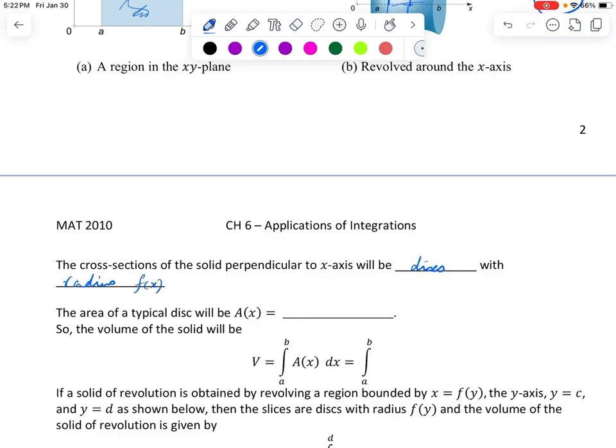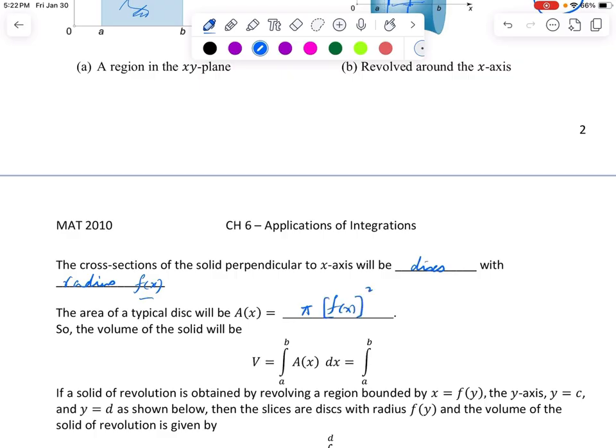So the area of a typical disc will be what? I mentioned earlier the formula for the area of a circle is pi r squared. But what is our r here? f of x. So area will be equal to pi into f of x whole squared.